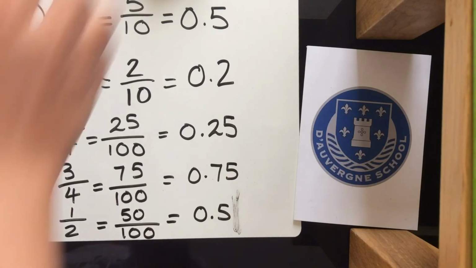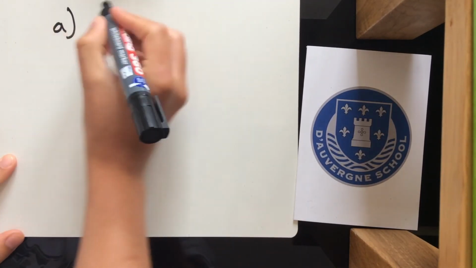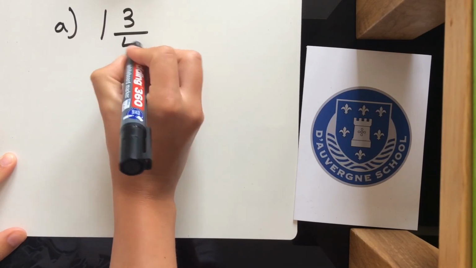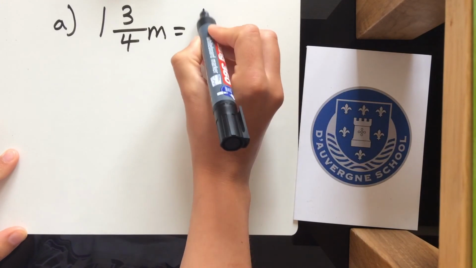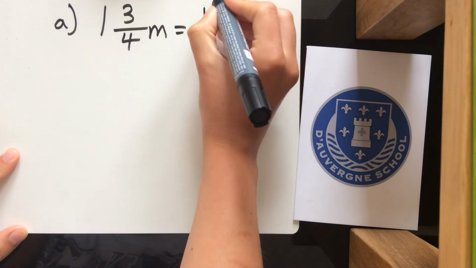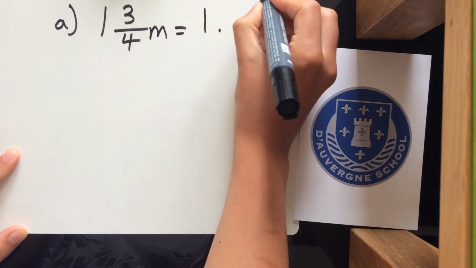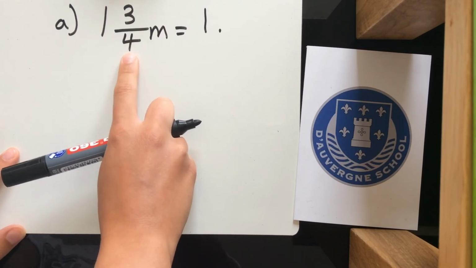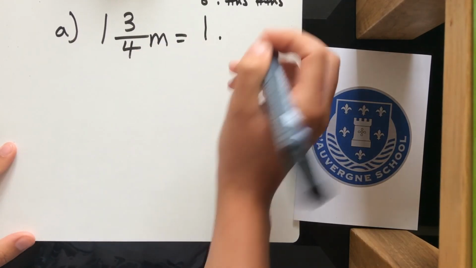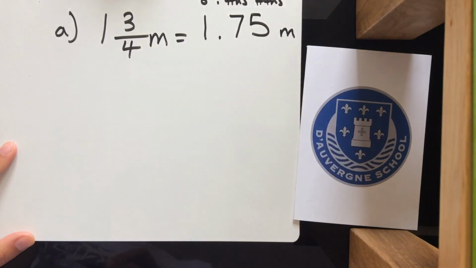So, question 3, write each quantity as decimals. Let's have a look. So we've got A, we've got 1 and 3/4 meters. As a decimal, we know we've got 1 whole, so in our ones column we'd have 1. Then we've got our decimal point, then we've got our tenths and our hundredths. 3/4, we've just done that as hundredths, so it would be 1.75, unit of measurement on the end, meters.